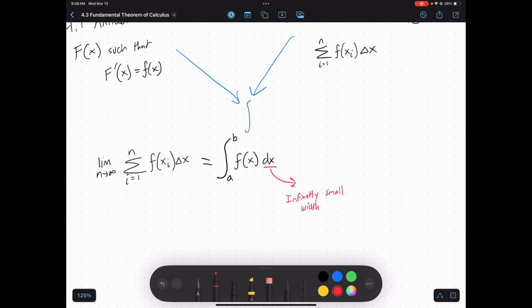In fact, you can use the antiderivative to actually calculate this area under the curve. If you want to find the area under the curve over a specific interval, all you have to do is calculate the antiderivative, plug in your upper bound, plug in your lower bound, and subtract the two results.